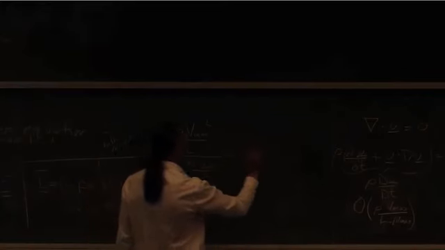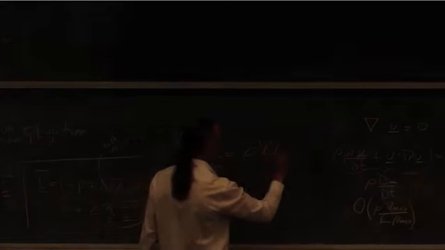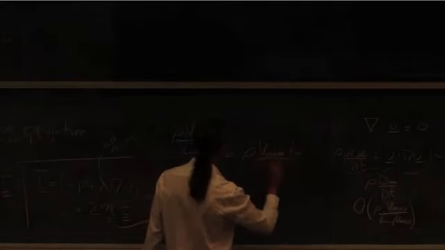We're going to compare density times Vmax squared over length divided by viscosity times Vmax over length squared, which looks like density Vmax length over viscosity. It's the ratio of the magnitudes of those two terms in the governing equations.